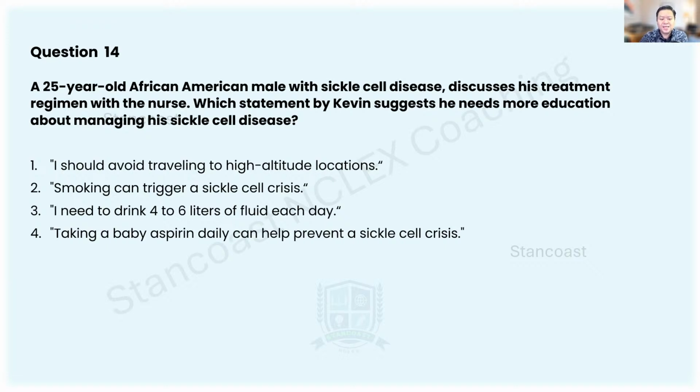Item number 14, a 25-year-old African-American male with sickle cell disease discusses his treatment regimen with a nurse. Which statement by Kevin, who is the patient, suggests he needs more education about managing his sickle cell disease?